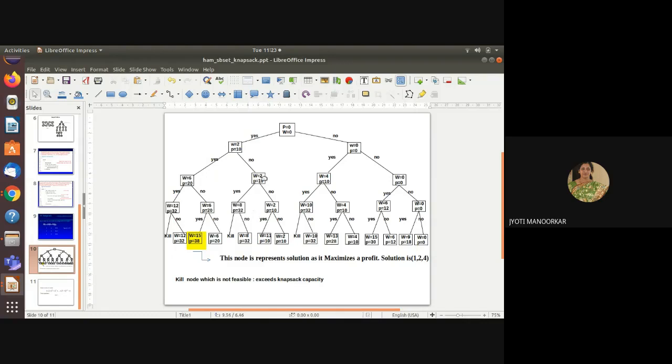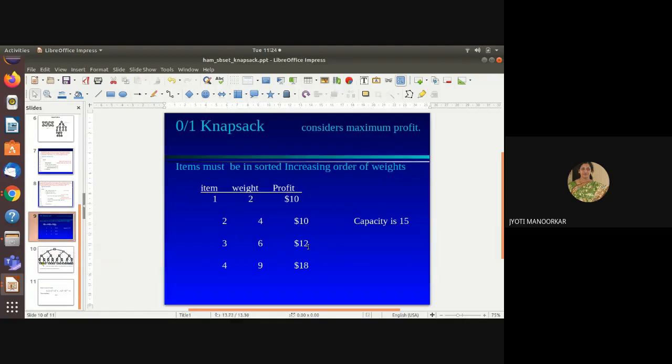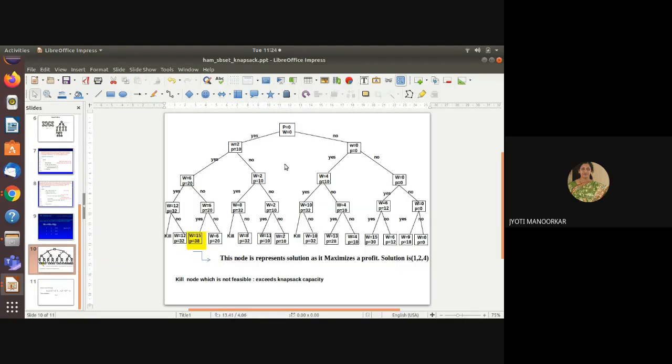That is 6 plus 2, so it's 8. So 8 is less than your current remaining capacity, so the third element can be included. So W is equals to 8 I will have, and P is equals to previous profit 10 plus current element's profit 12. So I will have P is equals to 32 at this internal node.